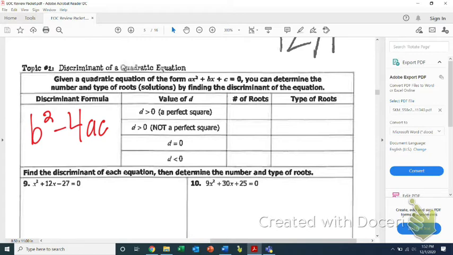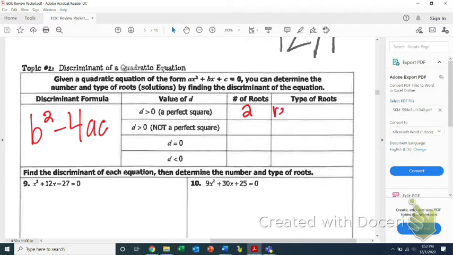If the discriminant is greater than 0, meaning it is positive and it is a perfect square, so answers like the square root of 64, the square root of 49, the square root of 25, things like that, it will have two real roots.